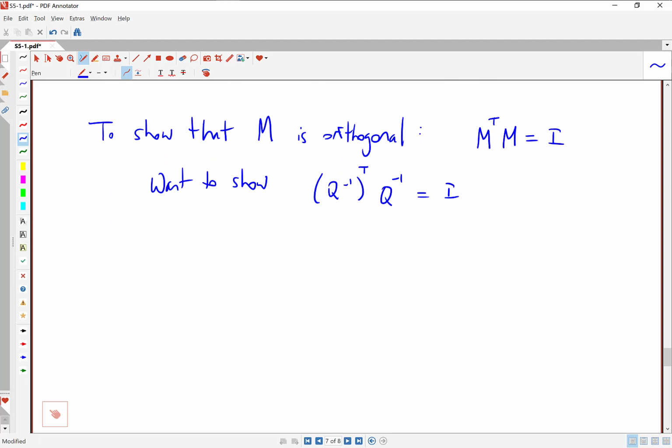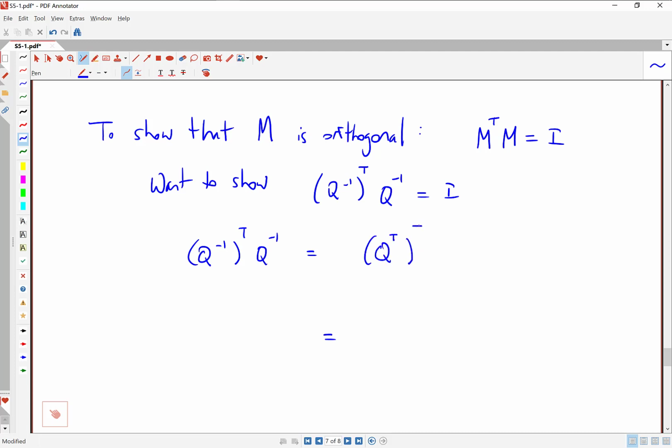Okay, and when you want to show that an equation is true, you want to start with the more complicated side. So we'll start with Q inverse transpose times Q inverse, and we want to do a little bit of algebra here and eventually conclude that this is equal to the identity matrix. And if we can do that, then we've shown that Q inverse is orthogonal. Okay, well, what we know about Q is that it's an orthogonal matrix. And based on the fact that we just saw, for an orthogonal matrix, Q inverse is the same thing as Q transpose.